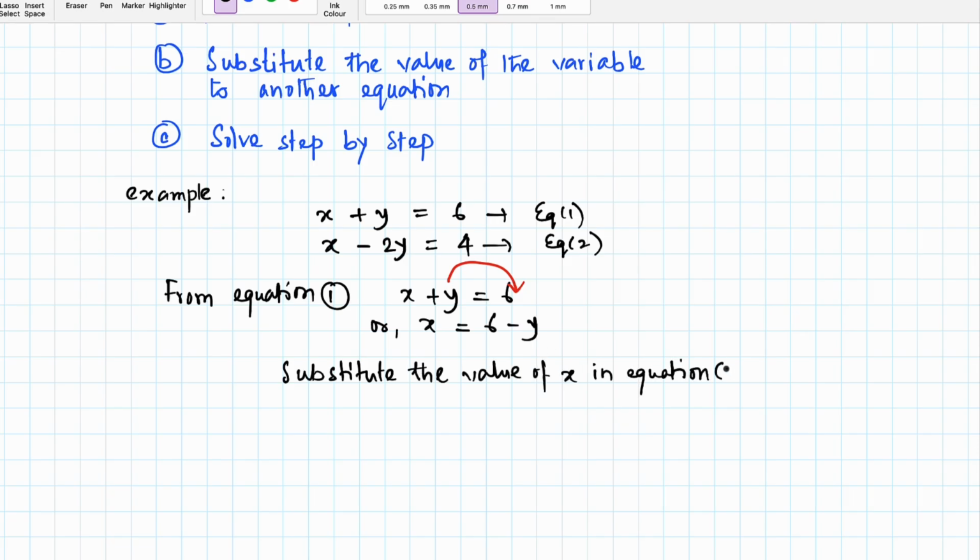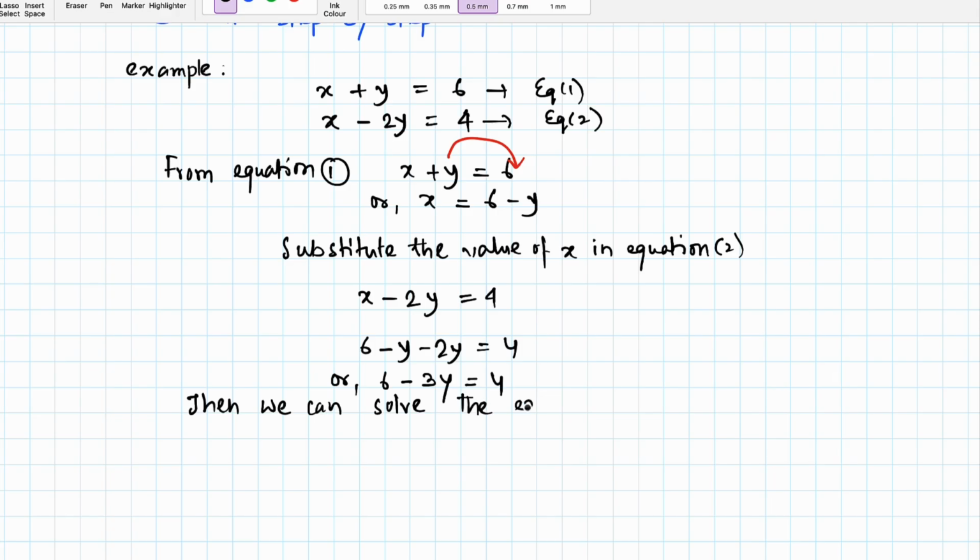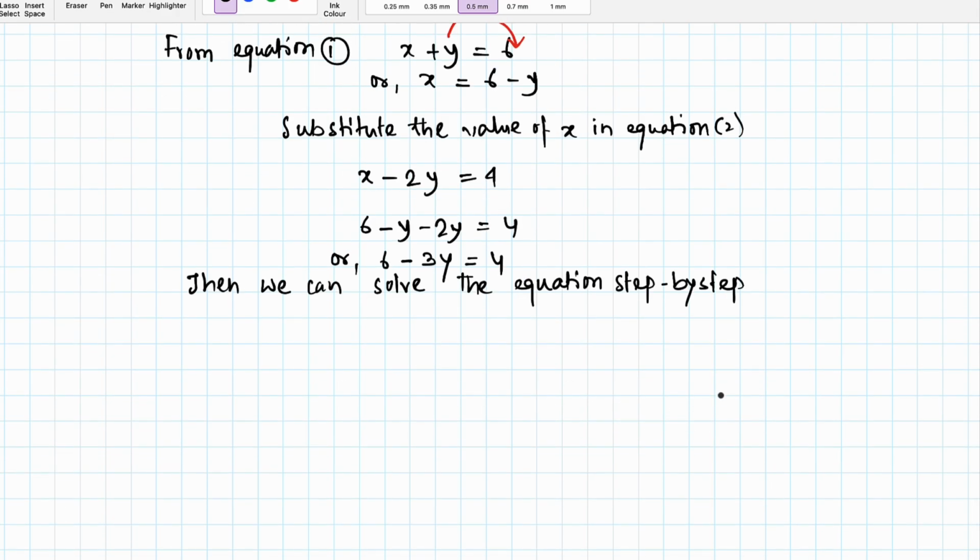Substituting the value of x in equation 2, we get 6 minus y in place of x in x minus 2y equal to 4, and then we will solve this. We solve for the variable y, and once we have y, we can get the value of x by putting the value of y in the other equation. Then we solve the equation step by step.